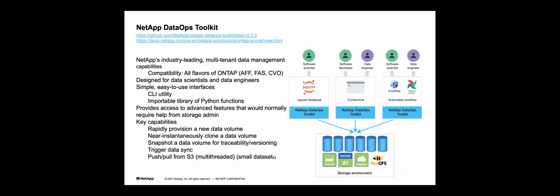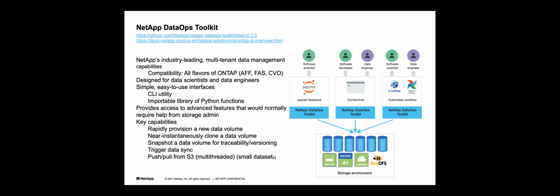The toolkit enhances the AI control plane. Our control plane is a full stack AI data and experiment management reference architecture that we developed with the help of NVIDIA. It makes it easier to invoke these data management tasks and allows the data scientists who are working with Jupyter notebooks to easily execute storage tasks within their workflows.